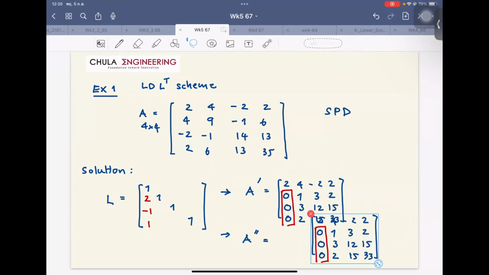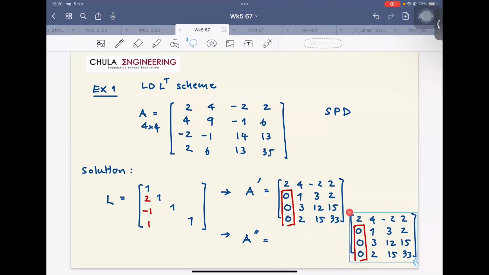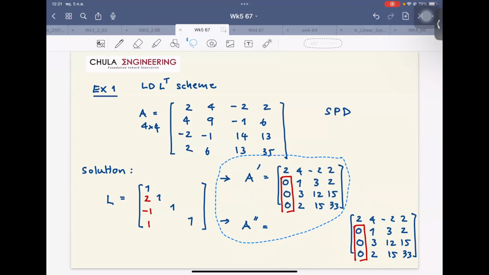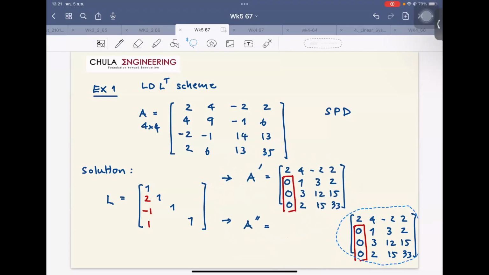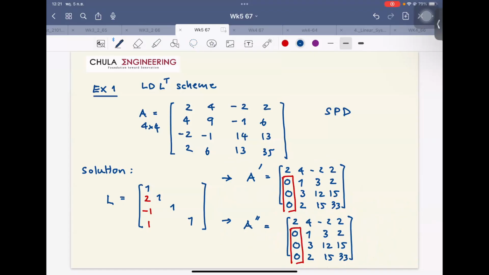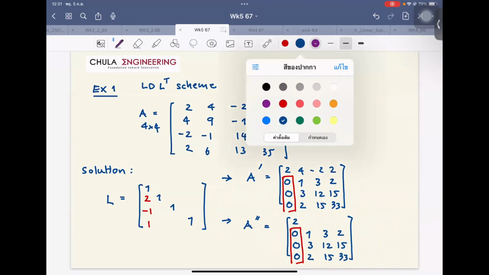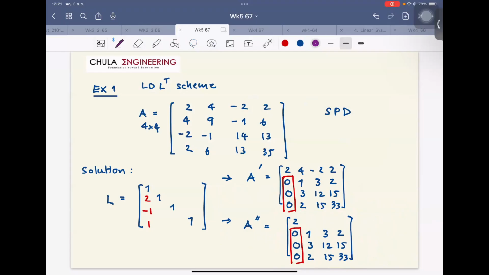In the process, I will make 0 here, without doing anything. Now when do I do MATLAB?